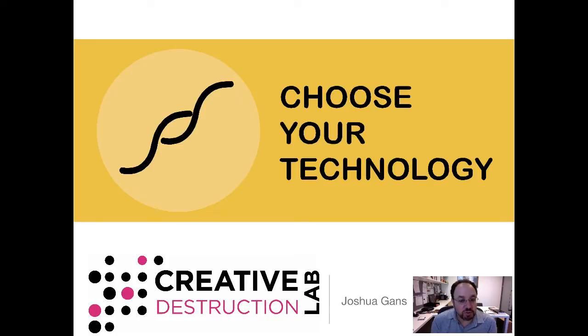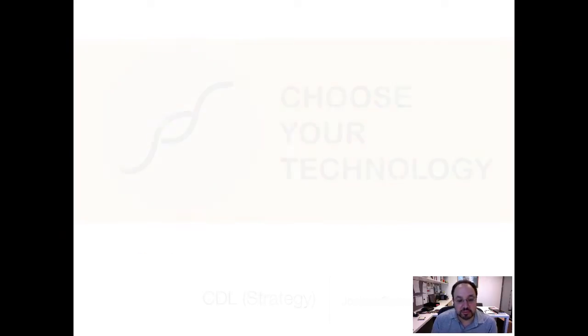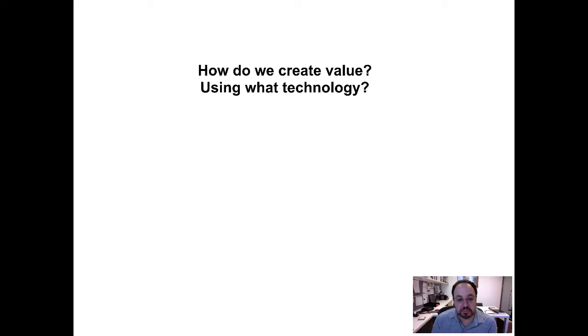We're now on to the second fundamental choice that comprises entrepreneurial strategy, and that is to choose your technology. The question we've got to ask is, it's fundamentally about how do we create value, and what technology gets used to underpin that value.